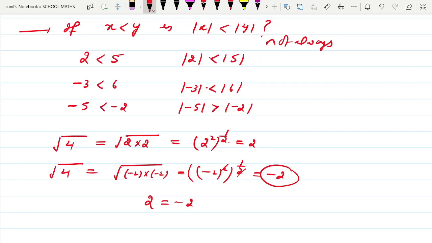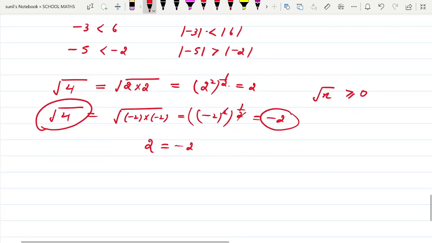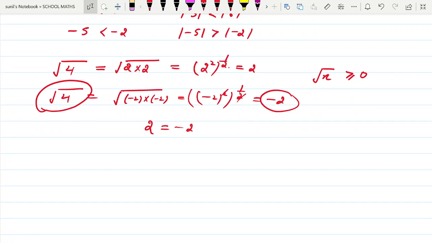And you certainly know that the square root function always takes non-negative values. So how come it is true that root of 4 is minus 2? Now to make the correction in the definition, try to understand that root x square, we always define as mod of x.